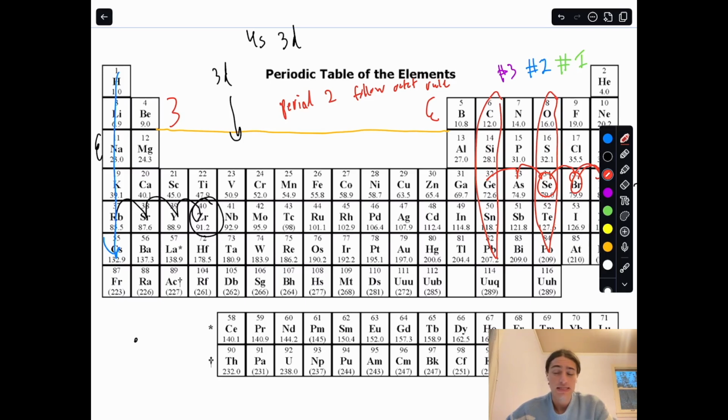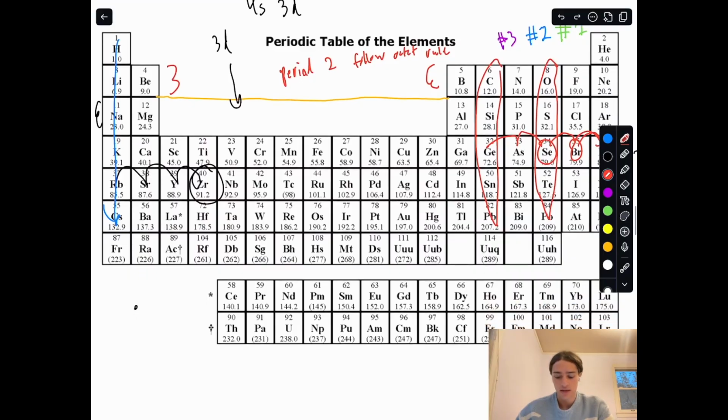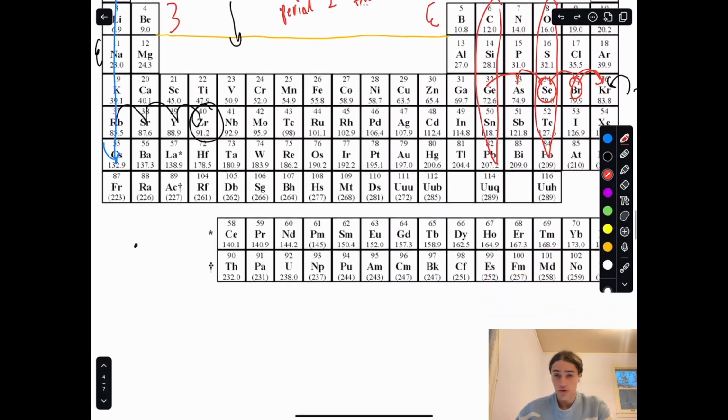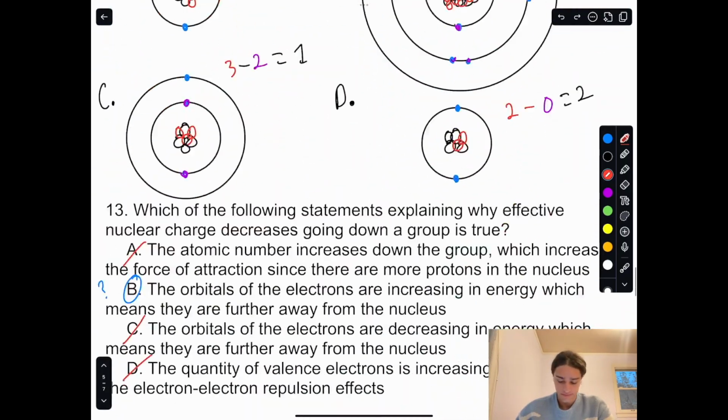Even though oxygen is the second most electronegative element, carbon is pretty electronegative compared to a lot of the other elements, especially the elements in this region of the periodic table, and even a lot of the metals. Those tend to be really low in electronegativity. So groups 4A and 6A, they don't form ionic bonds.